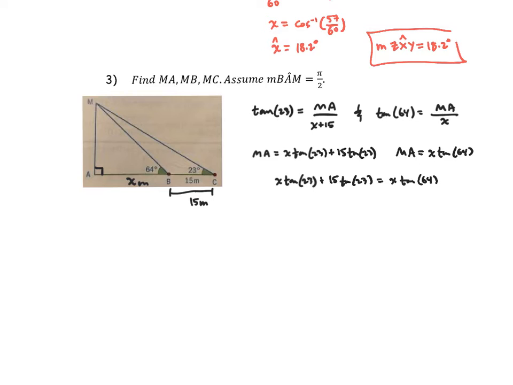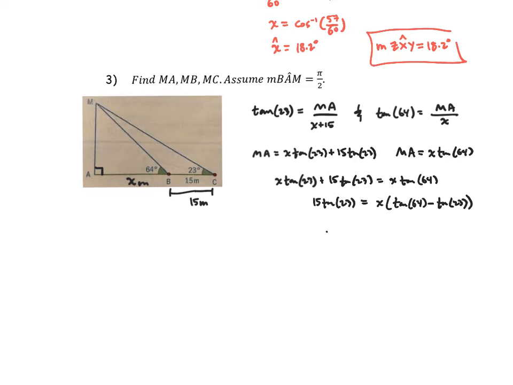Let's isolate x all by itself. That would involve subtracting x tan 64 to one side, potentially. I'm going to actually go the other way, and I'm going to subtract x tan 23, and factor out the x at the same time. So all I did was subtract x tan 23 to the right, and then I factored out an x.